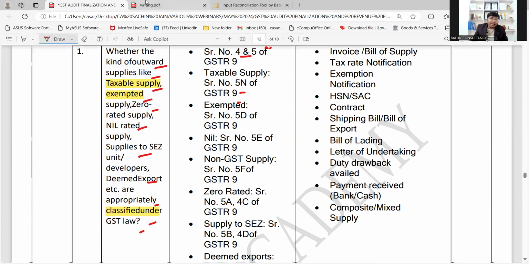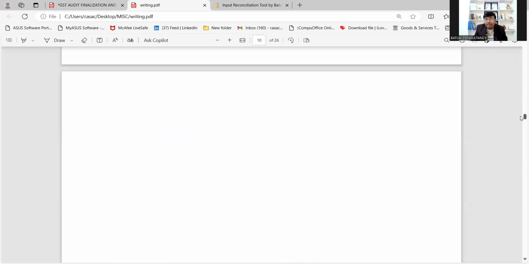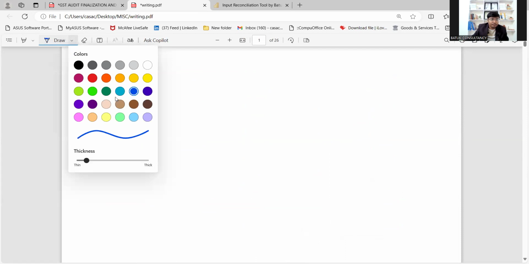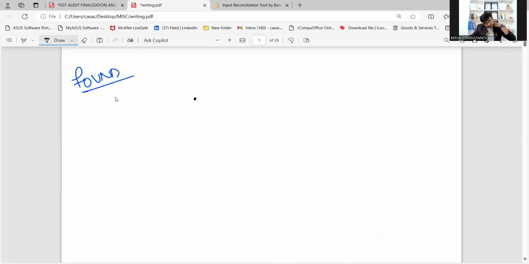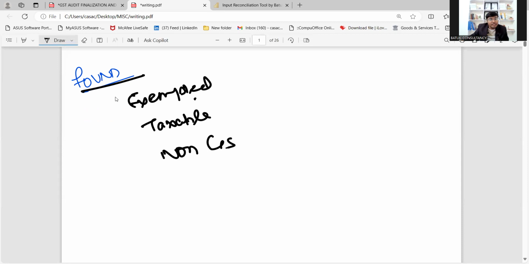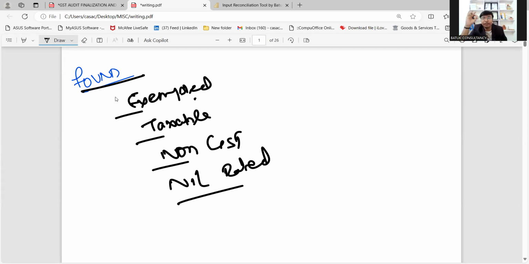If, while checking the financial statement of that particular person or of that audit, you found there are certain exempted supplies, taxable supplies, non GST supplies, nil rated is also there.